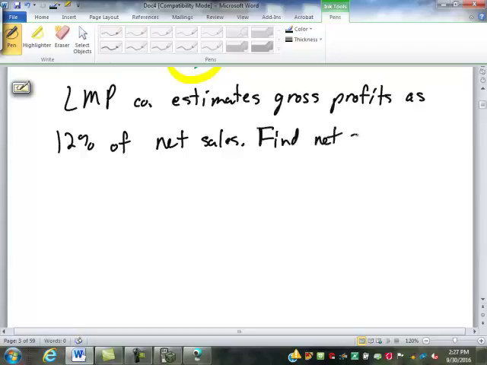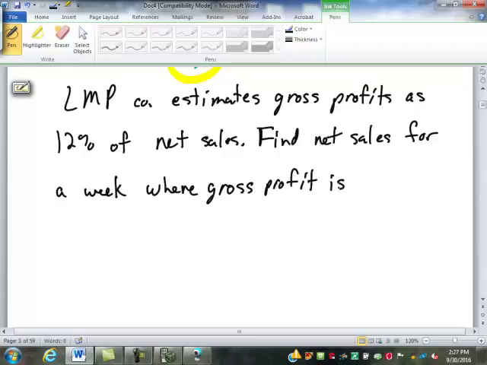Find net sales for a week where gross profit is estimated at, let's go, $38,400.